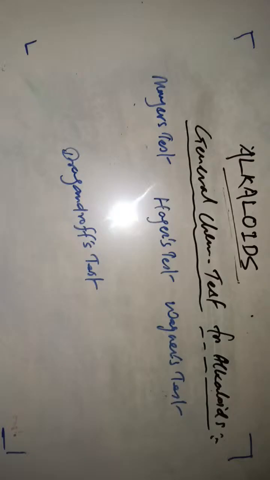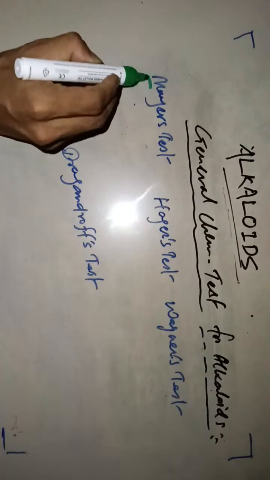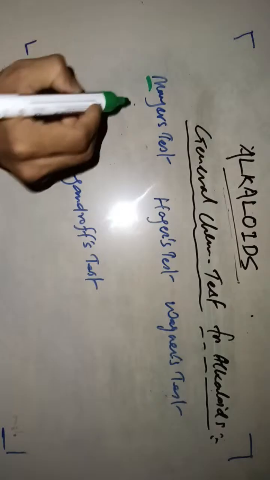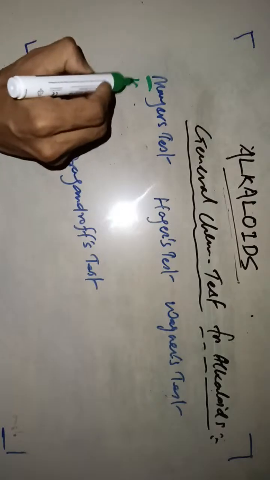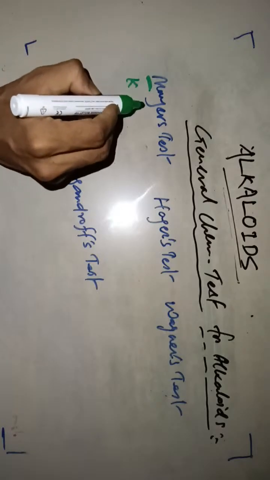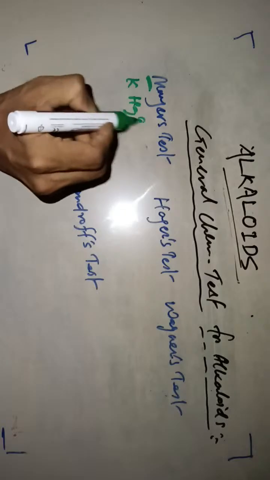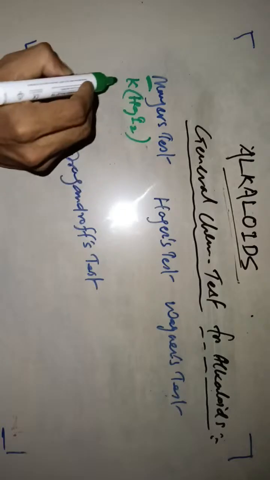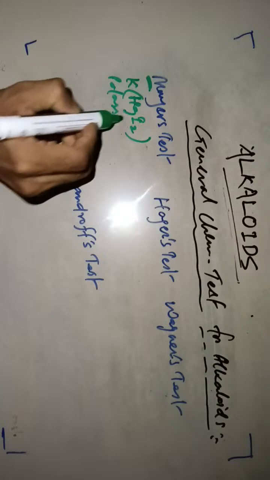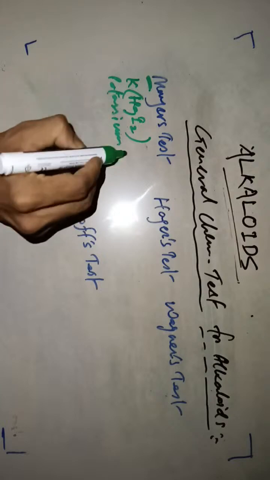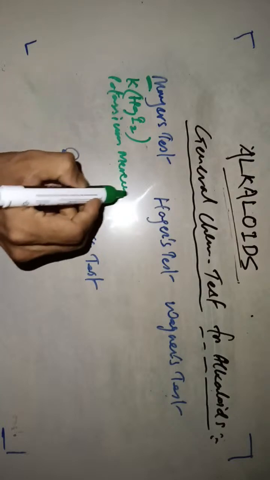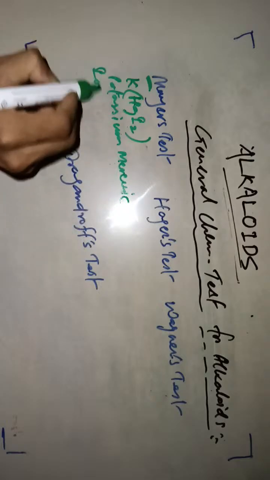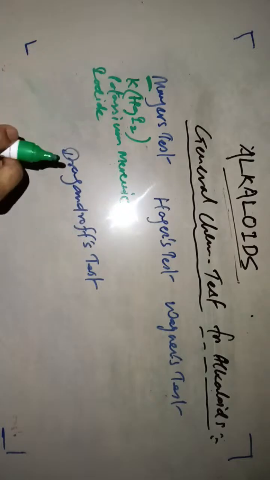So in Mayer's test, what is the reagent used? That is potassium mercuric iodide. Simply remember, Mayer's test starts with M, and mercuric iodide also starts with M. So KHgI2, this is called potassium mercuric iodide.